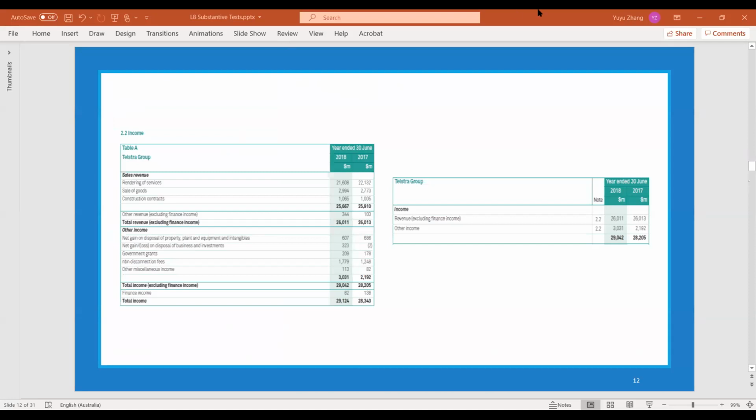On the right-hand side, we also got the components for income, which includes revenue and other income. So from this table, what have you identified? Is everything okay for you, or is there anything you think you need to pay more attention to?